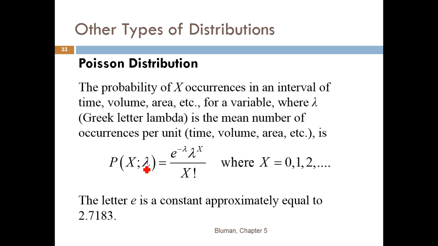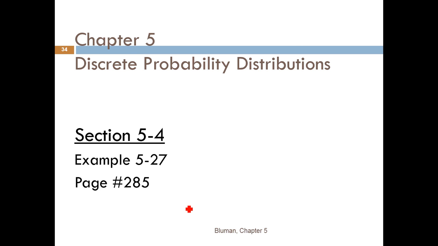Obviously, you can't have 0.1 during a single movie, but over the course of 10 movies, if it broke one time, that would be an average of 0.1, 10%. Okay. The letter e, you should have that on your calculator. If you don't, you can use 2.7183. It's just another constant.